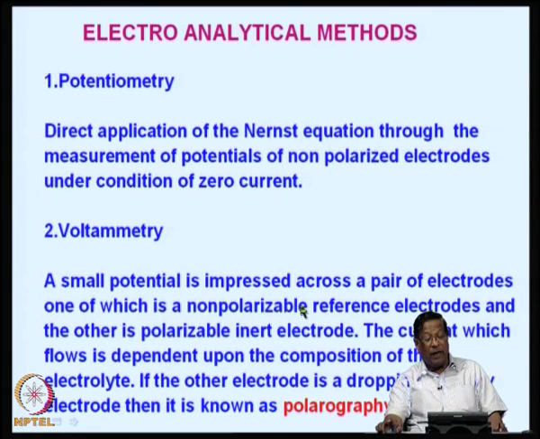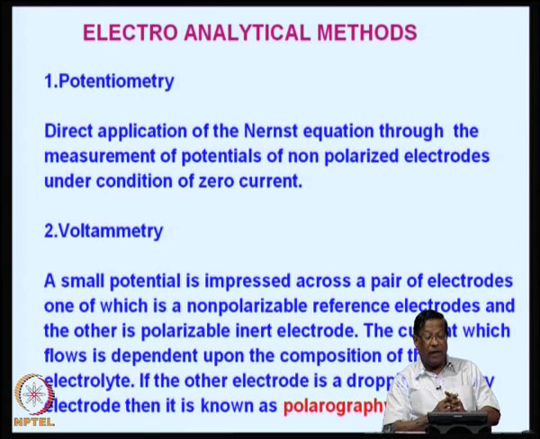So, the electrode is said to be non-polarizable reference. Now, in voltammetry we are using a non-polarizable reference electrode and the other is polarizable, and that is an inert electrode. The current which flows is dependent upon the composition of the electrolyte.